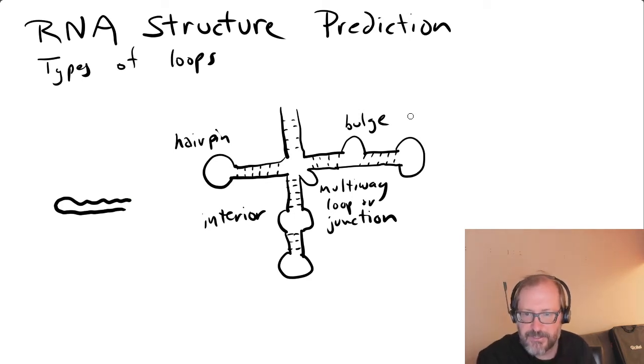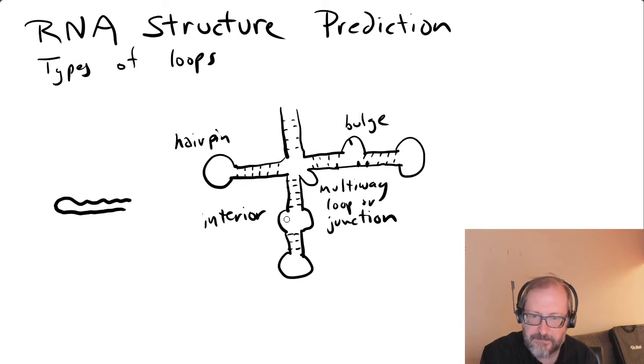And a bulge is a loop that involves only one strand of the nucleic acid. We're usually more talking about RNA, but it could happen to DNA also. Anyway, so all the bases in the other strand are paired, but this one has one or more bases that are not paired. This strand. So that's a bulge, and then an interior loop is different.